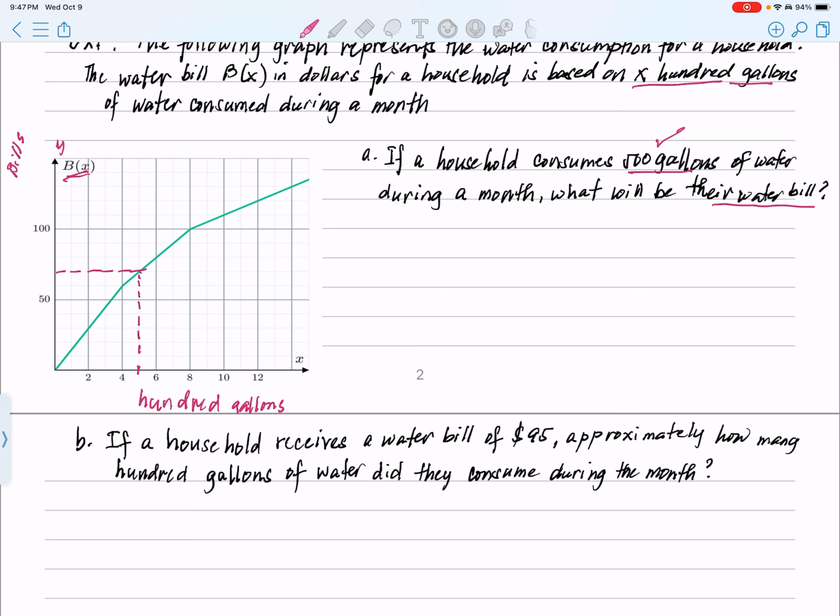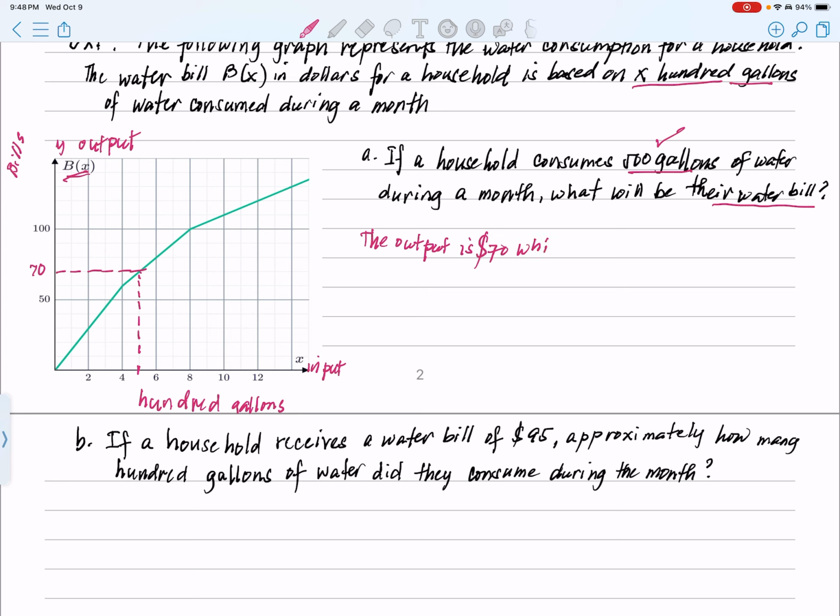So let's assume that this is 70 right here. Remember, the Y is your output and the X is the input. So we could say the output is 70. Okay, we could say $70.